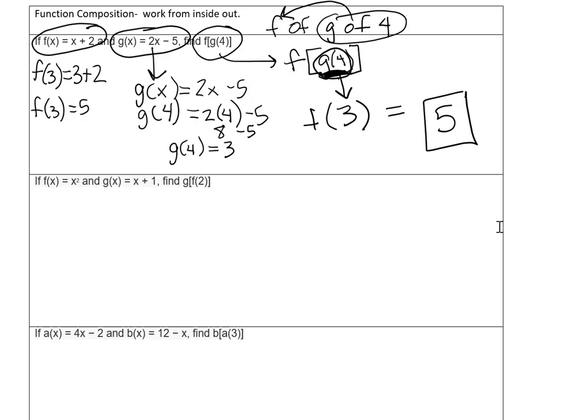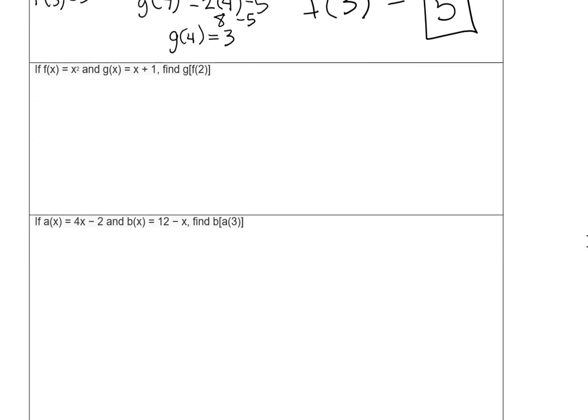So if we do another one and we make sure we are working from inside out, I would start off doing what's inside the brackets here, which is f of 2. That means take the f function, x squared, and do 2 squared to get 4. Now that I know that f of 2 is equal to 4, I can do g of 4.